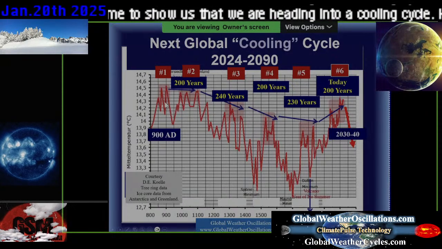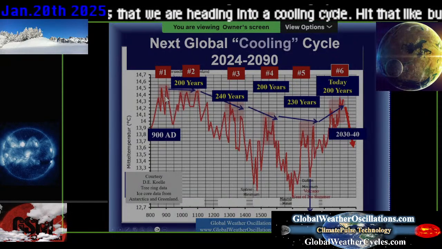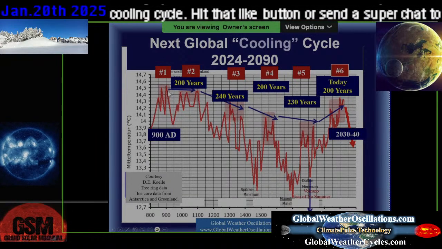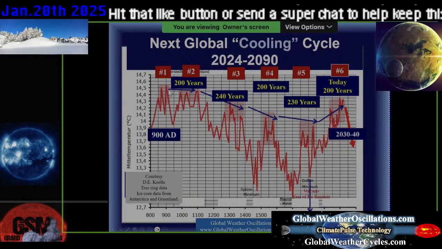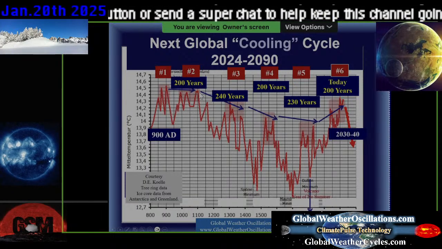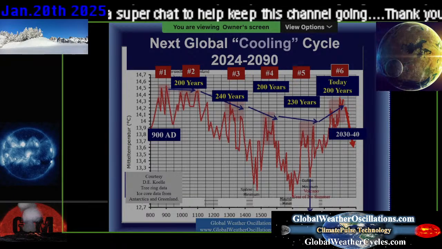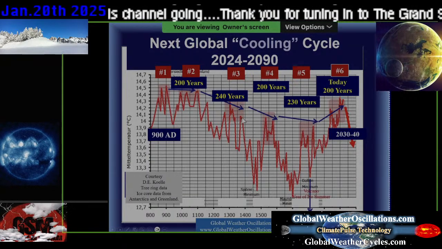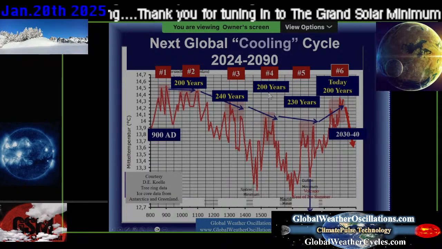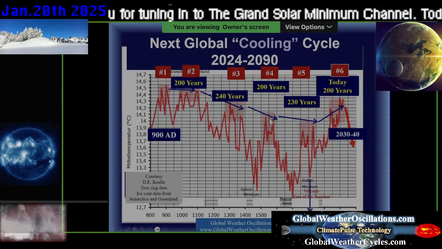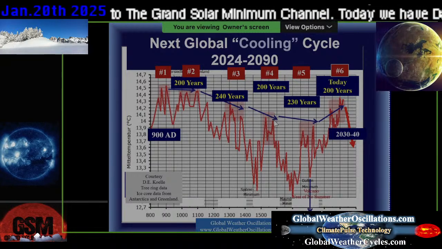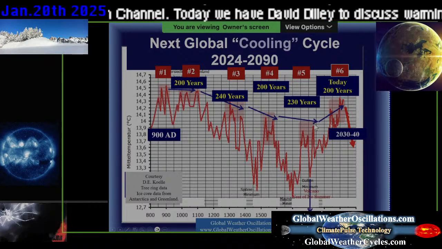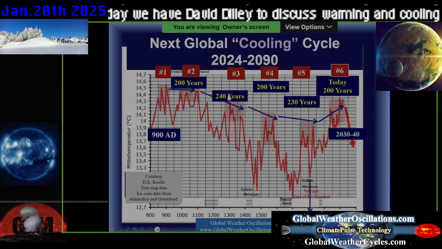And this is our global warming cycles, going back to 900 AD. Global warming cycle number 1, 200 years after that ended, the next global warming cycle ended. 240 years after that, the next global warming cycle ended. And it goes up to 200 years again. 200 years after that, warming cycle ended. 230 years after that, it ended. So you can see it alternates 200 to 240, 200 to 230.